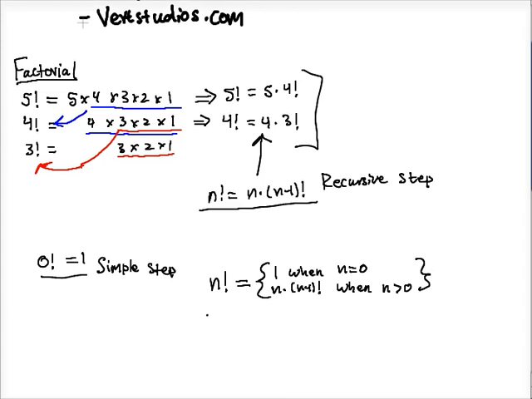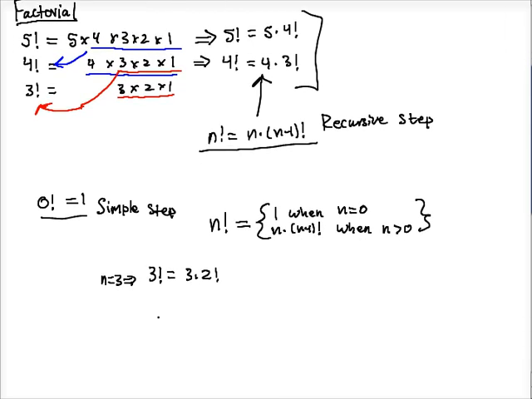We look at 3 factorial. Let's just spell it out. 3 factorial, okay, so this is our n, so n equals 3. So 3 factorial equals 3 times 2 factorial. What's 2 factorial? Well, we don't know yet exactly, but let's keep going.